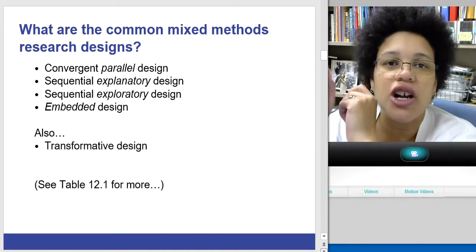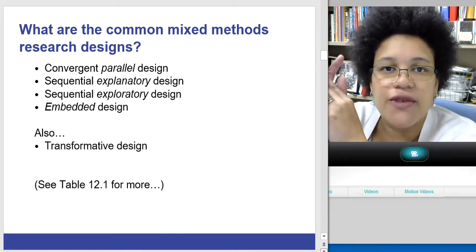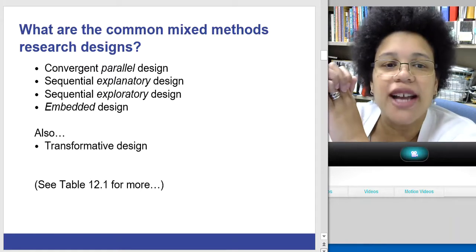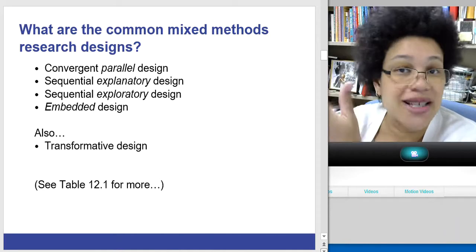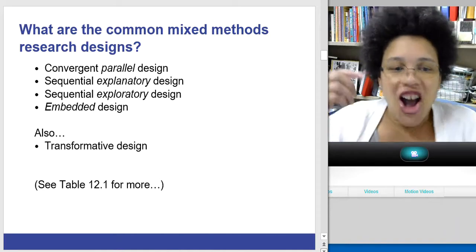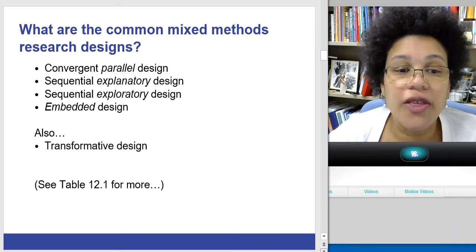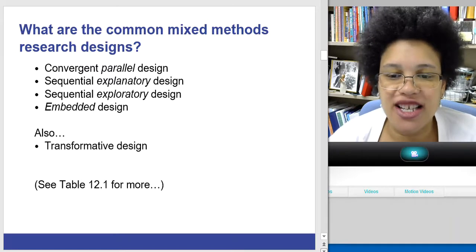And then finally, we're going to talk about transformative design as well, because this is something that's very important to those of us in the professions, and we are trying to affect some kind of improvement. Okay, on Table 12.1, there are other types of mixed methods research designs listed.